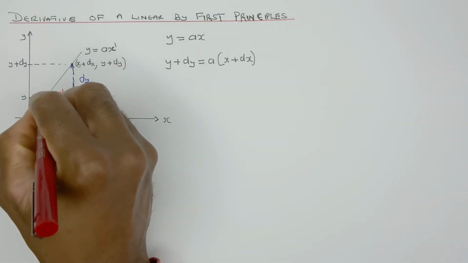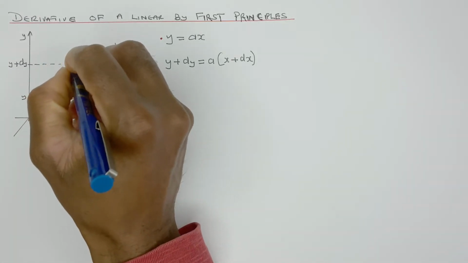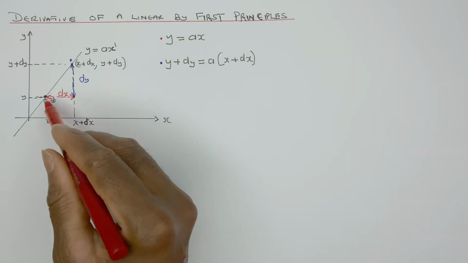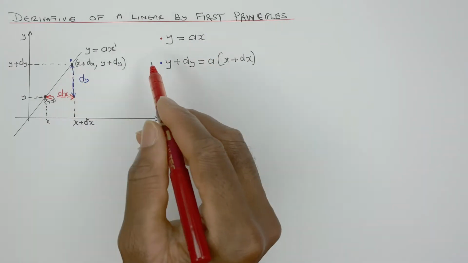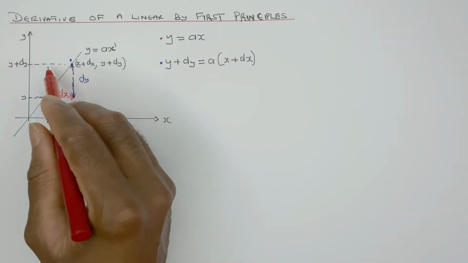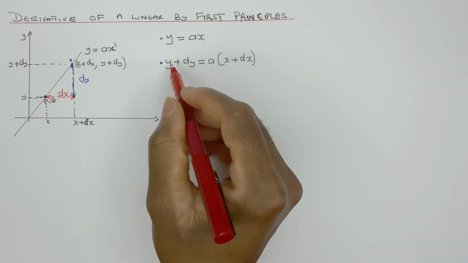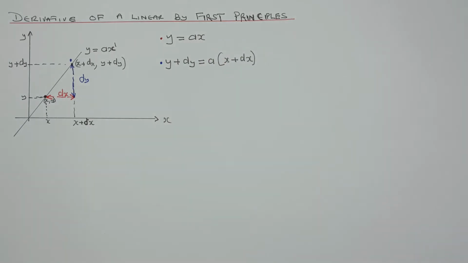All I did was the y changes here, that's just y, and that's just x. And when I got here, I don't just have y, I have y plus dy. And at this point, I've got x plus dx, not just x.